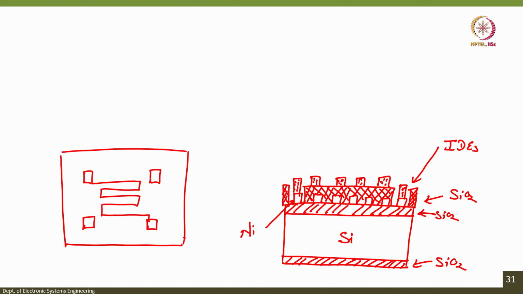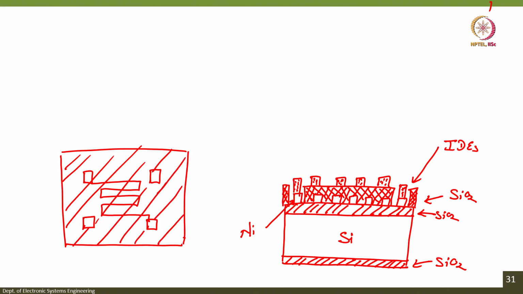Okay. And then on top of this, there is insulating material everywhere. Okay.